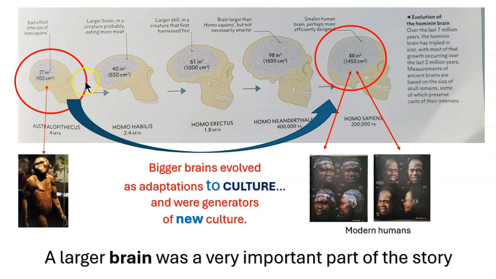But the idea is because culture was so important to the success of our ancestors, that's why we evolved larger and larger brains, to be better at learning the cultural knowledge, storing that knowledge, using that knowledge, and improving upon that knowledge. Because culture was the key to our success, that left its mark on the evolution of the human brain.